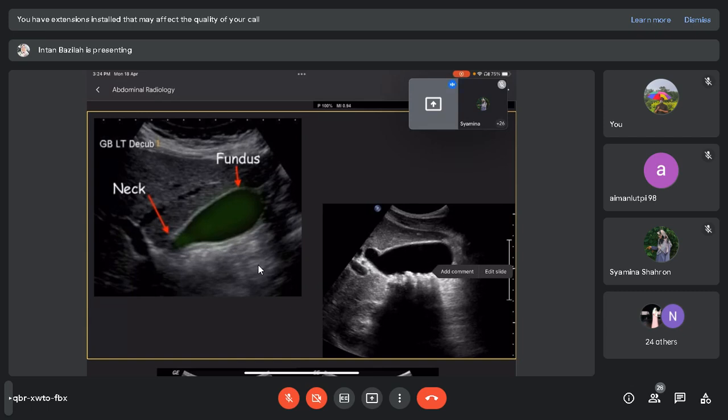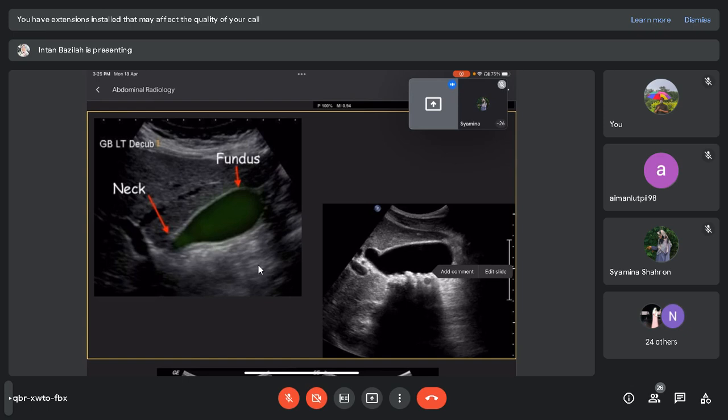But this is abnormal because you can see there's presence of multiple echogenic lesions or structures within that project posterior shadowing, which means that there's presence of gallstones.